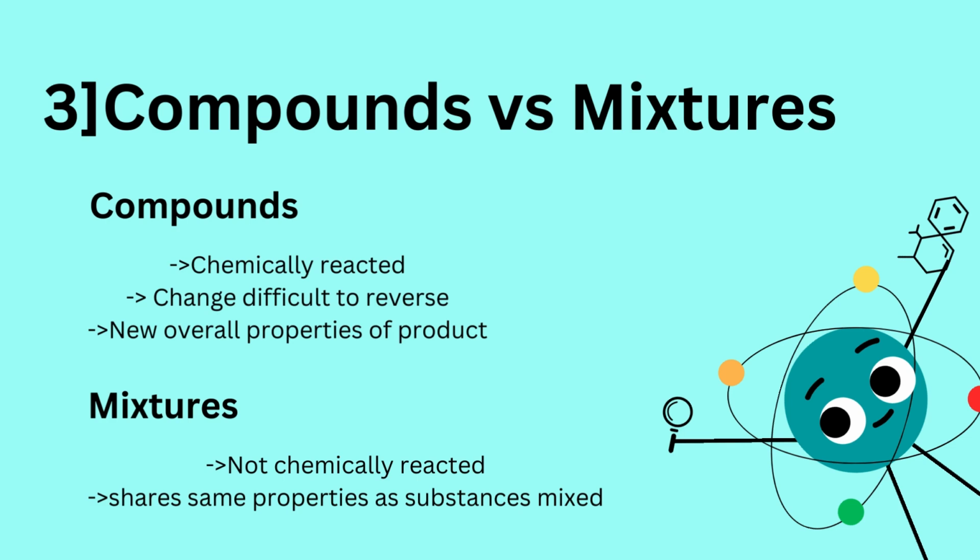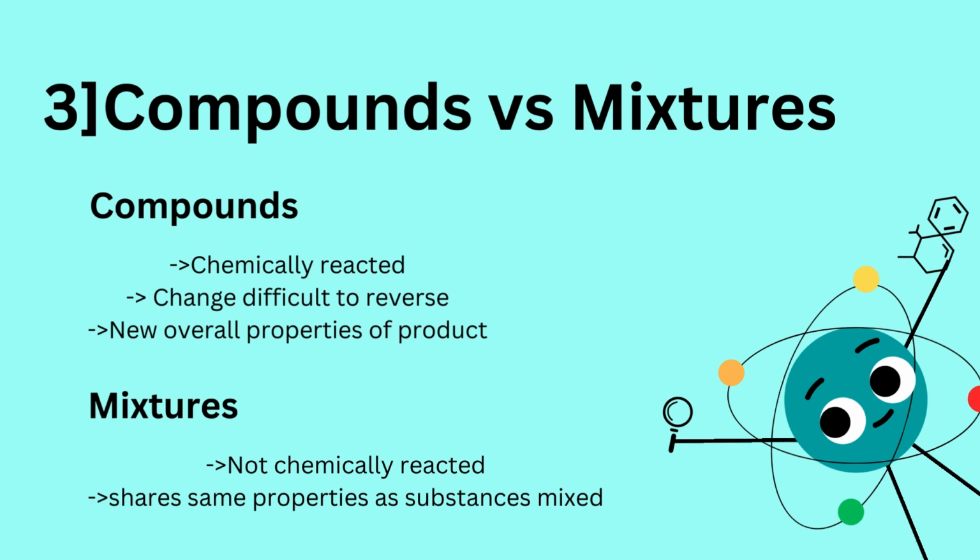Hydrogen is a flammable gas, and oxygen is quite literally needed for fire to happen. But when they come together, they form water, which we use to put out fire. And this is what I mean by changing chemical properties. When two or more elements combine chemically, they change their properties as well, which is not seen in mixtures.